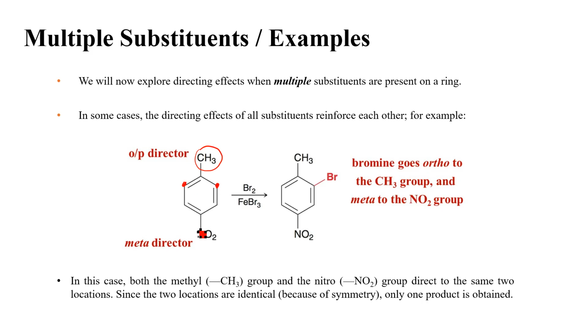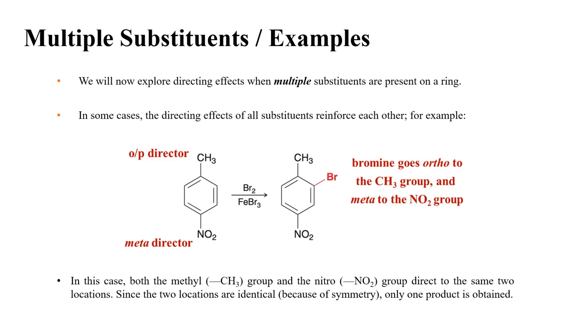Now, if you look at the meta-director, which is the NO2 group, the groups are going to add meta to that group. And when you look at the meta position relative to this group, it's also these positions, right? Aren't these ones that I just highlighted and circled here meta to this NO2 group? It is. So that reinforces that both of these groups reinforce each other, because the substituent is going to add on the exact same position.